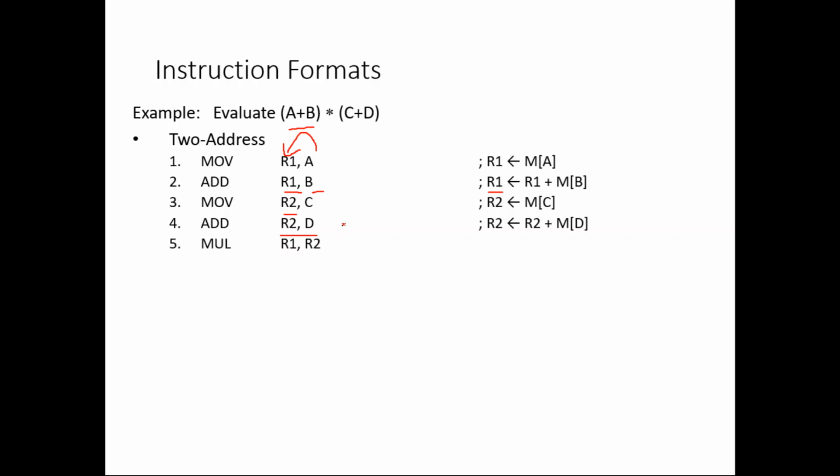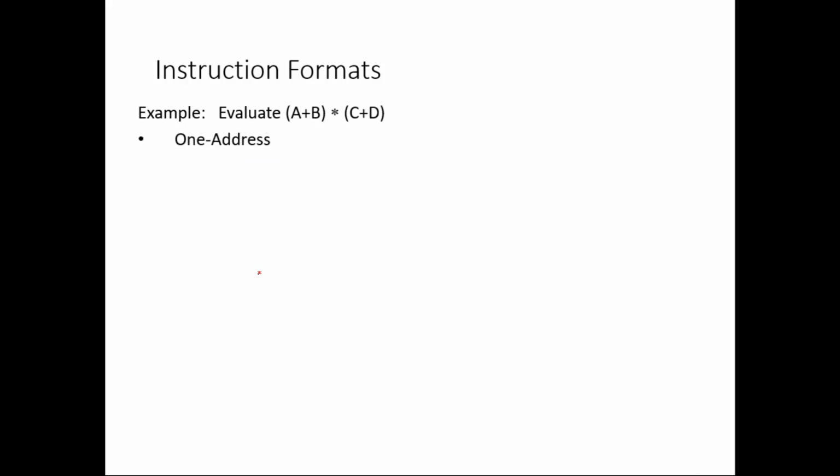These two things should be multiplied, which will be done by using the instruction multiply r1 comma r2, which multiplies r1 and r2 and stores the result in r1. Move x comma r1. So this will move the content of r1 to the memory location x. So this is how this instruction can be executed by using two address format.